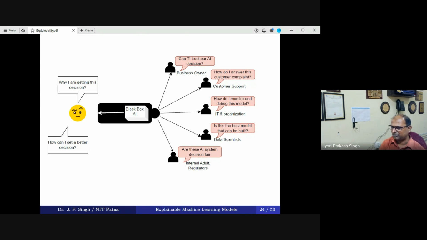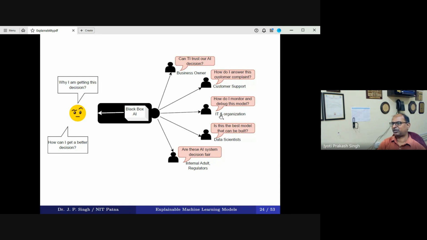If it is a black box model, the customer care executive will not be in a position to say anything to you. He will just hang up or give you some nonsense examples. But if it is an interpretable model, the executive can tell you, sir, you have a very low credit score, or your income is very less, or your credit scores for the last five or six years were not good, or you have defaulted on some loans. That is only possible if the model is interpretable.